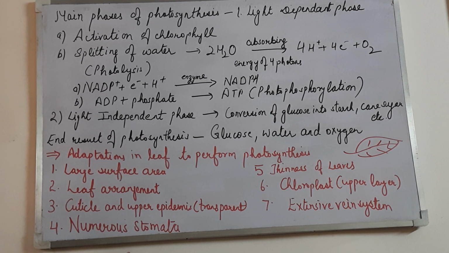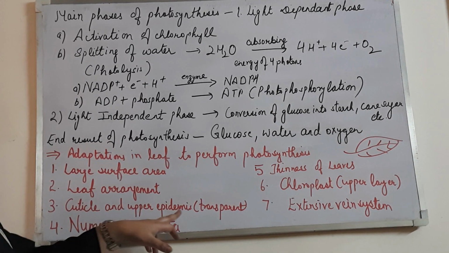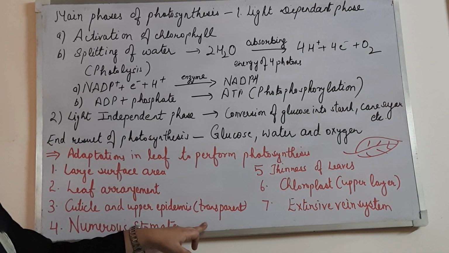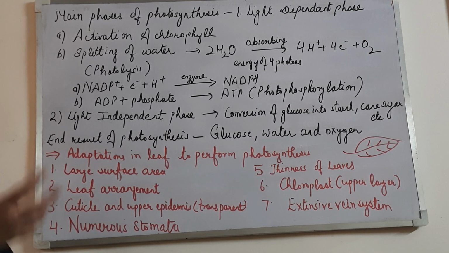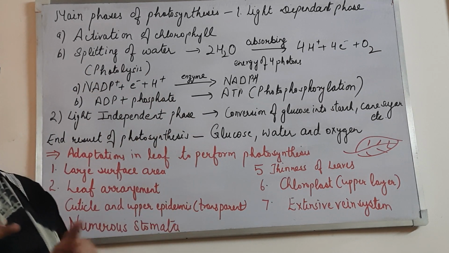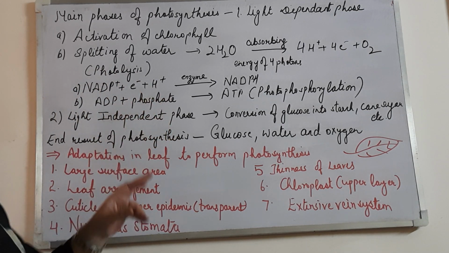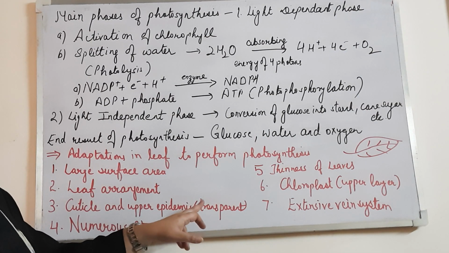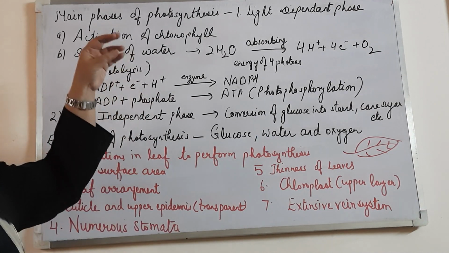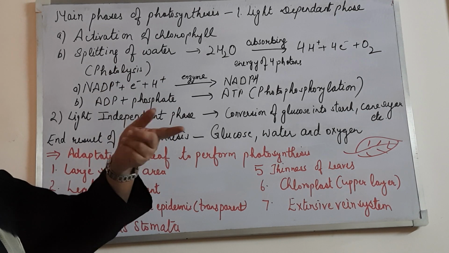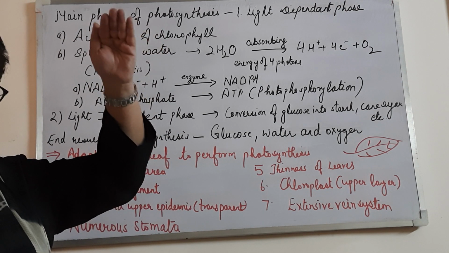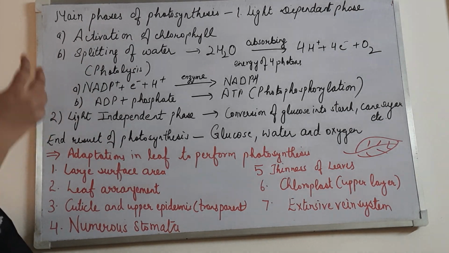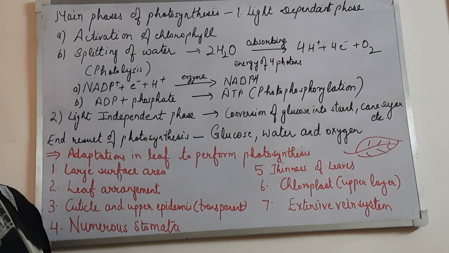The cuticle is the waxy layer that I have already explained, and the upper epidermis of the leaf is transparent. If the upper epidermis and cuticle are transparent, light can easily fall on the mesophyll cells, because after the upper epidermis we have the mesophyll cells under them. So light energy can easily be transferred to the mesophyll cells.